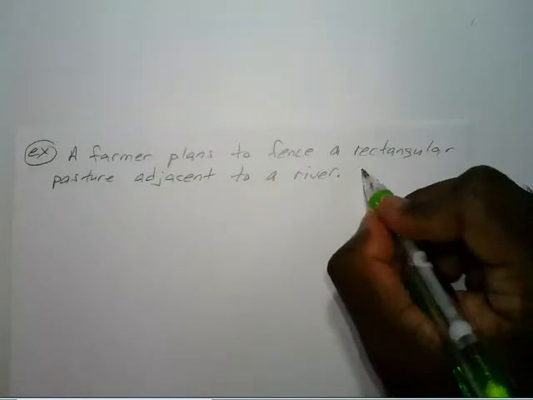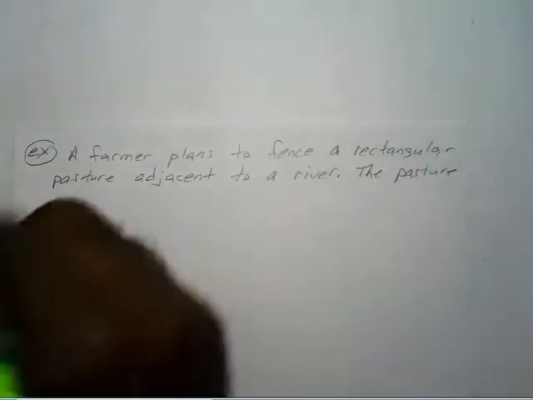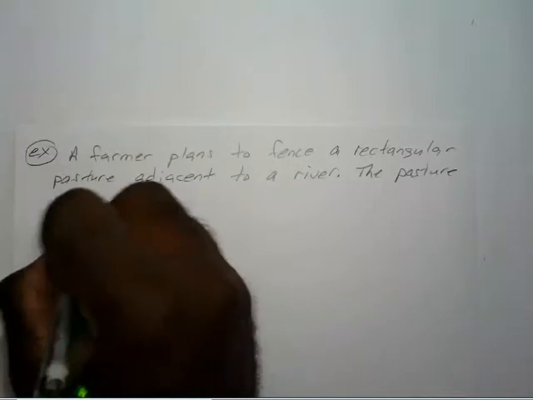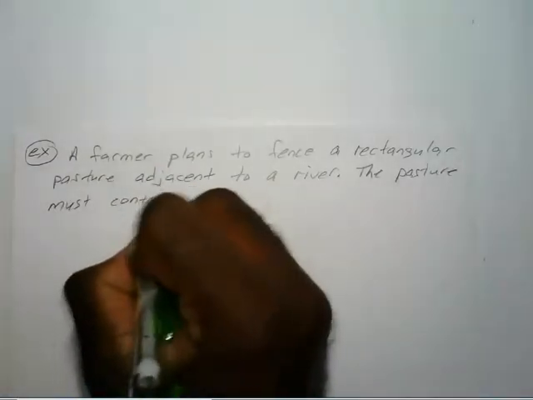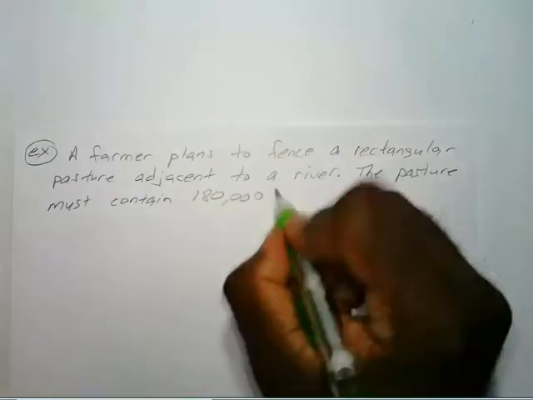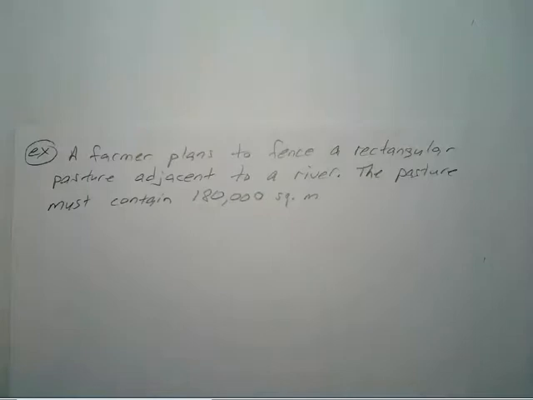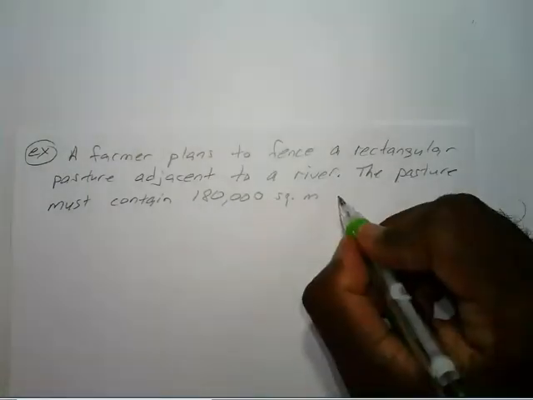Okay, so the pasture must contain 180,000 square meters in order to have enough grass to feed the herd.